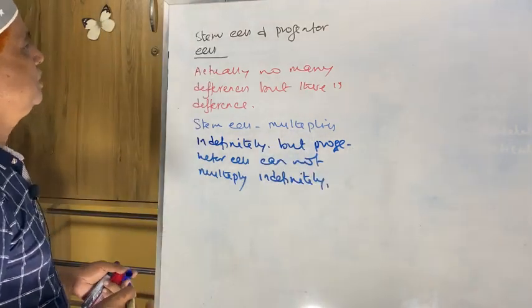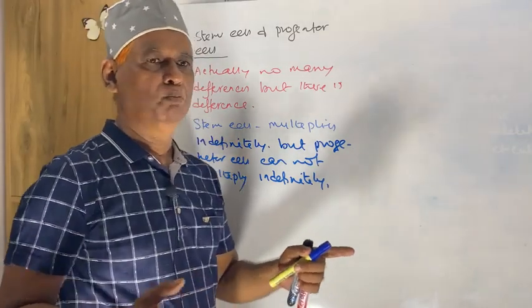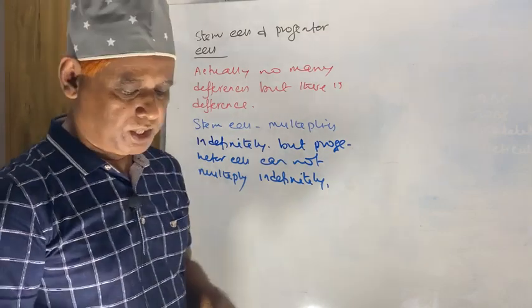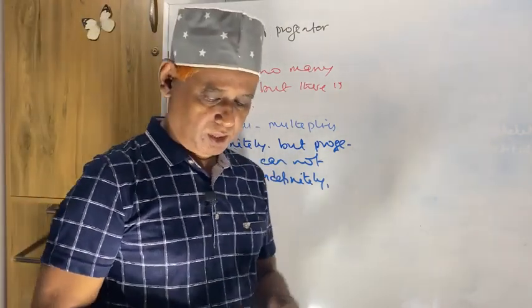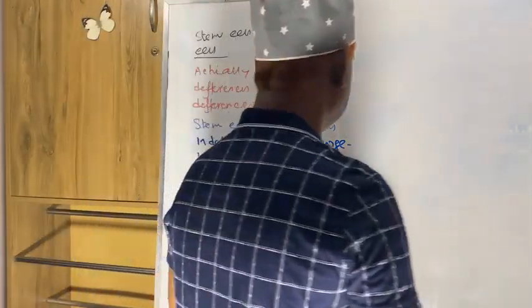This is the difference between stem cell and progenitor cell. But both cells are associated with production of specific cells.